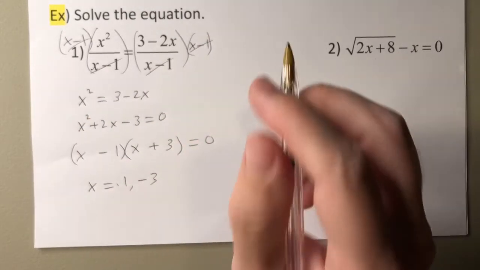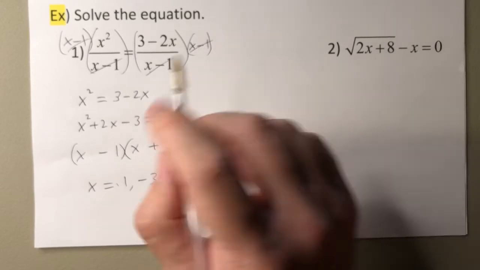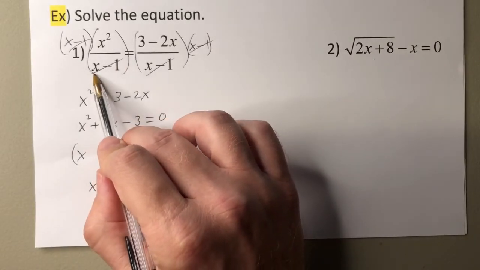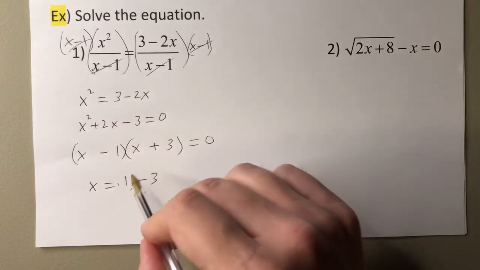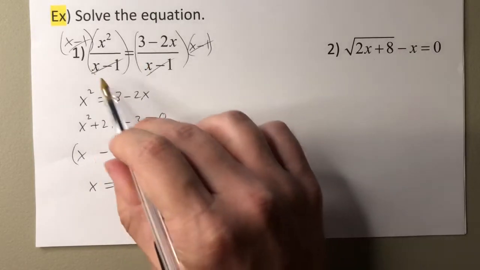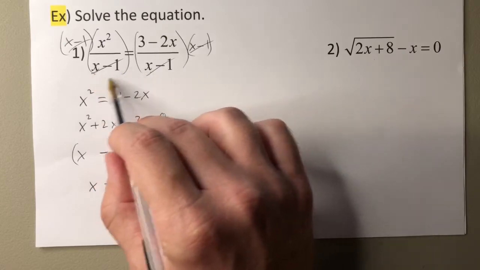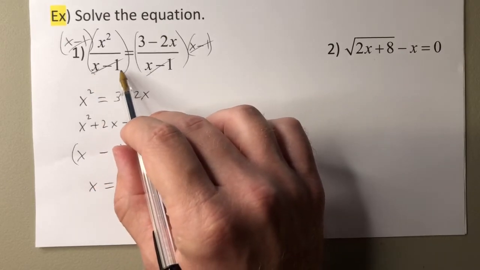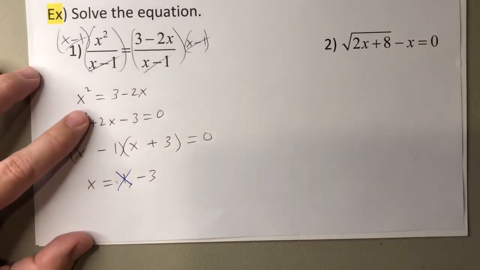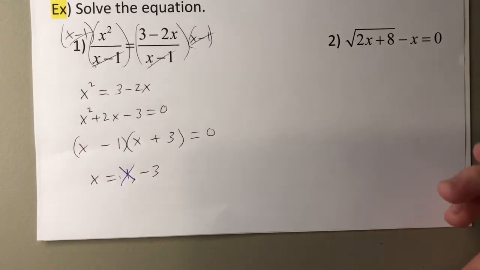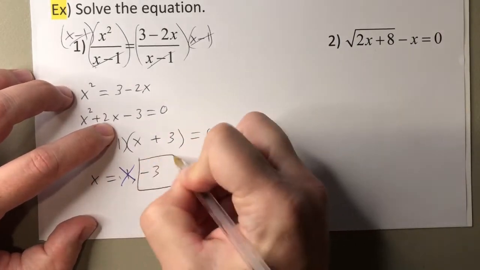You cannot divide by 0. So that's what you're really looking at if you ever see a variable or variable expression in the denominator. You have to make sure when you plug in your solution that it does not make the denominator equal 0. If it does, guess what? It is not an actual solution. It's an extraneous one.